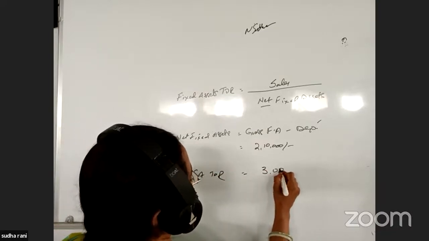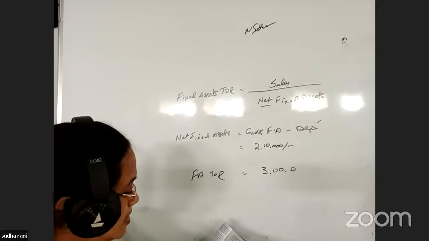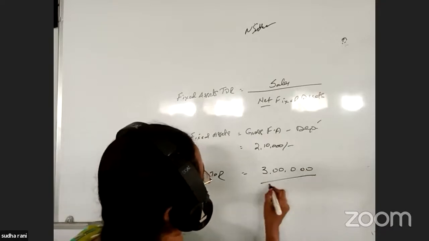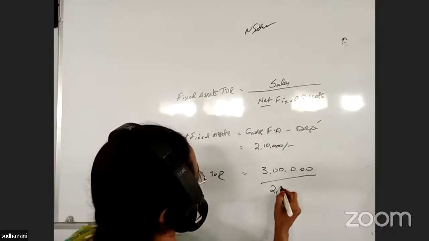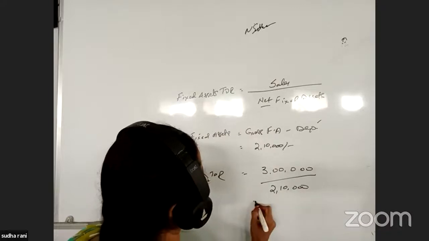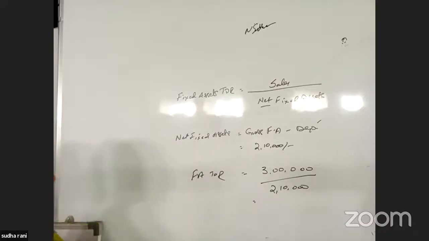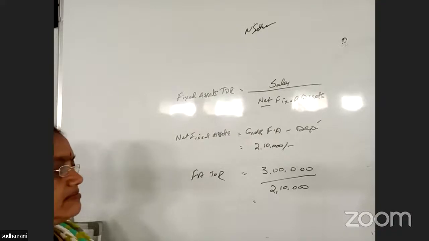Sales 3 lakhs divided by net fixed assets 2,10,000. So can someone please calculate 3 lakhs divided by 2,10,000, that is 300 by 210?